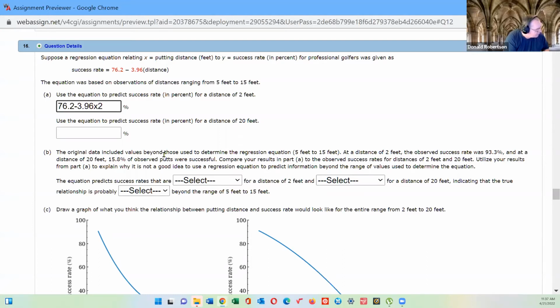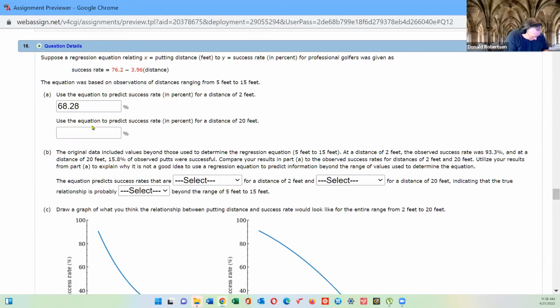I'll do that as a calculation. 76.2 take away 3.96 times 2 feet away. It's 68.28. Okay, suppose he was 20 feet away. Then it would be 76.2 take away 3.96 times 20.